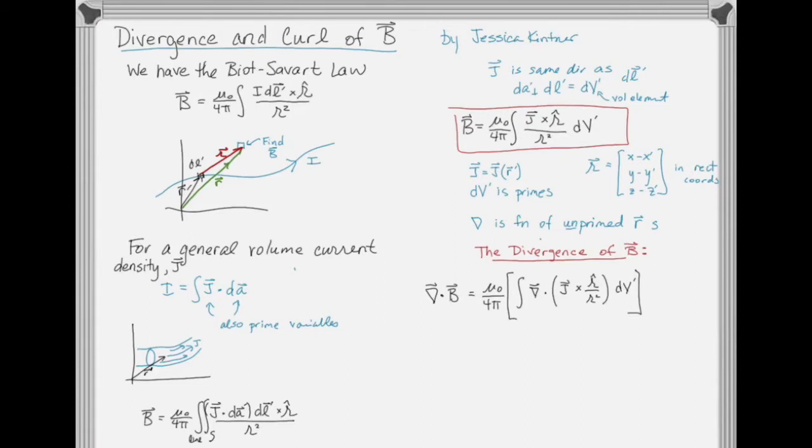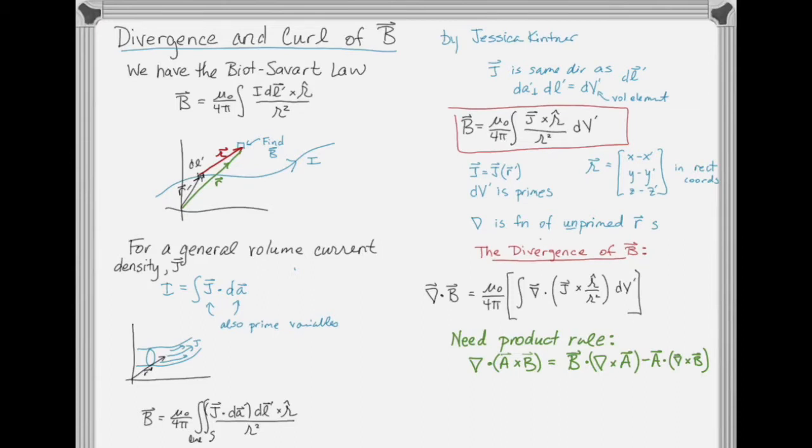And in order to evaluate that, we need a product rule. So I looked that one up for us. The generic form is we want a del dot of two vectors, A cross B. Those are both vectors, so let's go ahead and add the arrows on top of A and on top of B. Del dot A cross B, sorry about that, is what we're going to try to evaluate.